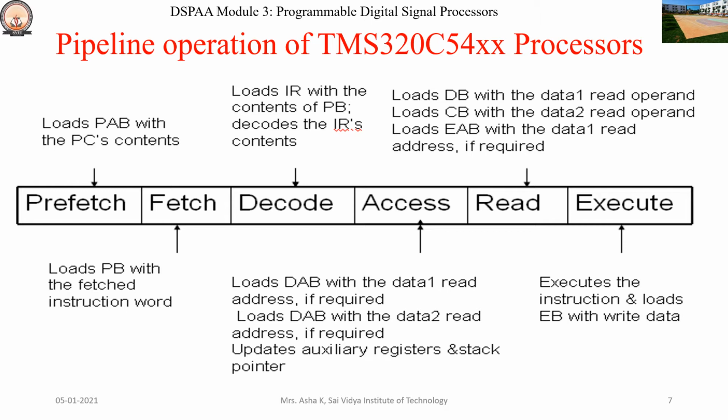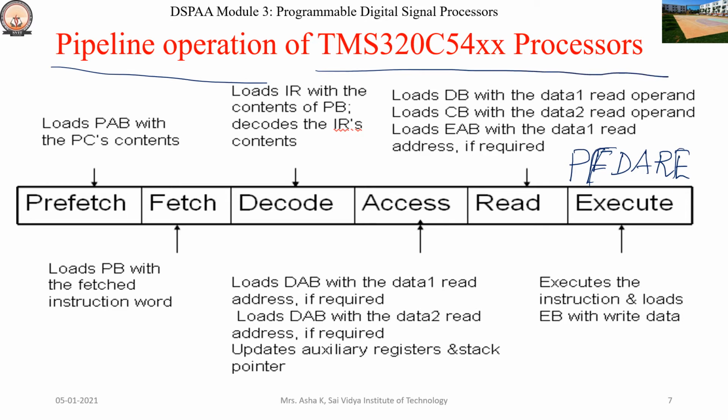You can remember them with an acronym: prefetch phase, fetch phase, decode phase, access phase, read phase, and execute and write phase. So this PFDARE will help you to remember the pipeline operation of the TMS320C54XX processor.